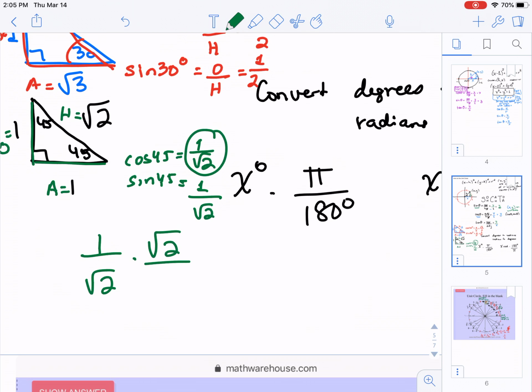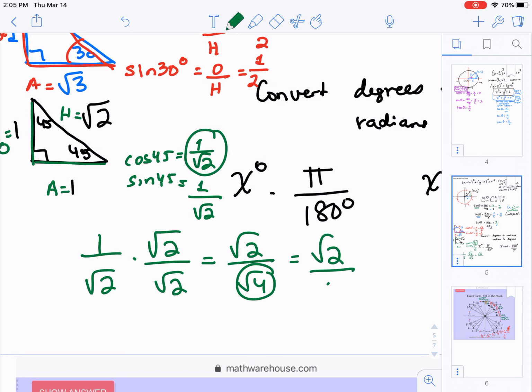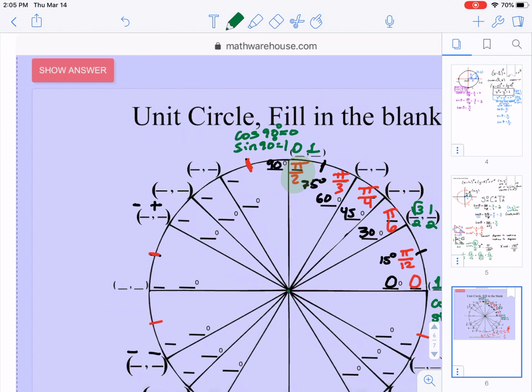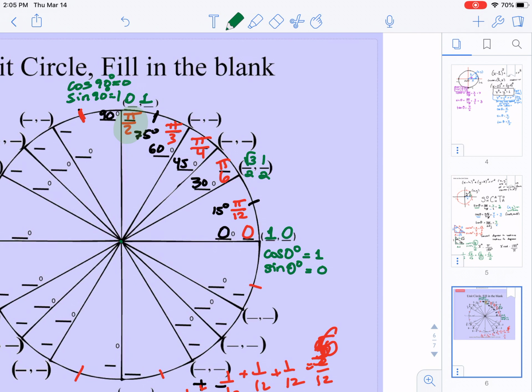We can multiply it by square root 2 over square root 2, and we get square root 2 over square root 4, but this simplifies into square root of 2 over simply 2. So you may see it as 1 over root 2, which is what we found from the special right triangle. Those are our cosine and sine of pi over 4 respectively, or 45 degrees, however you want to think about it. But also, this is equivalent to rad 2 over 2, rad 2 over 2.